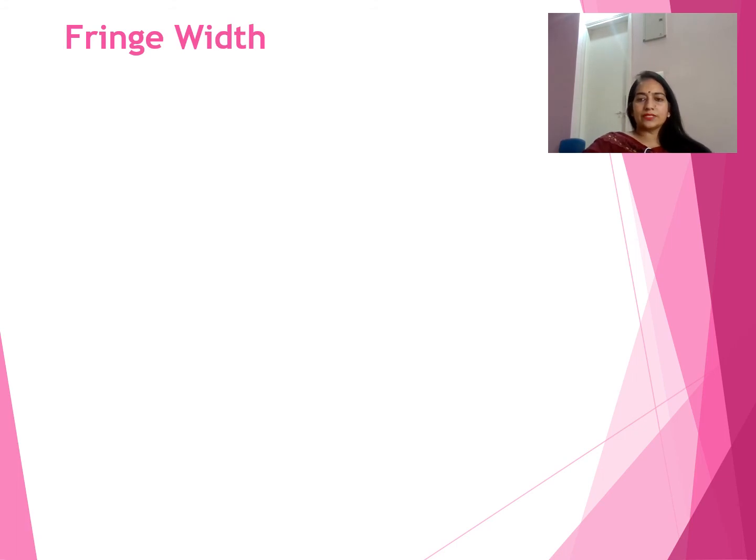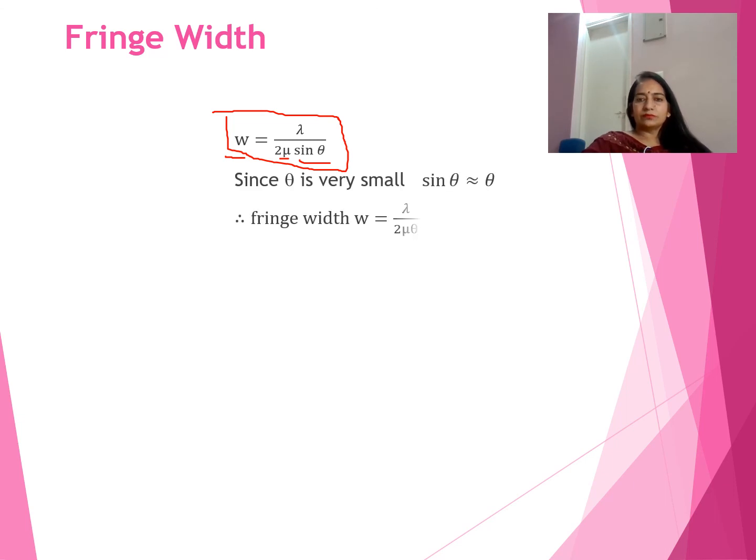The fringe width formula is W equals lambda upon 2 mu sine theta. So fringe width is directly proportional to wavelength, inversely proportional to refractive index, and inversely proportional to the wedge angle. If theta is very small, then fringe width is W or omega equals lambda upon 2 mu theta.